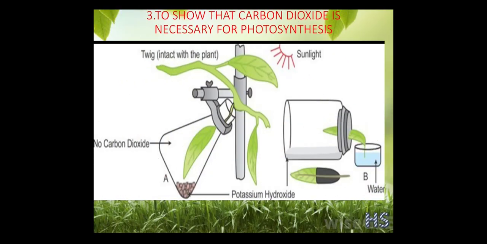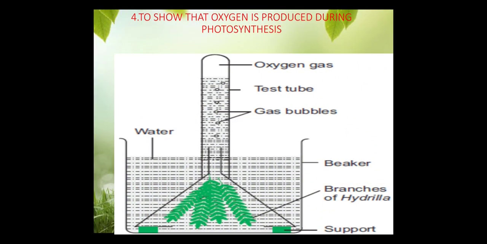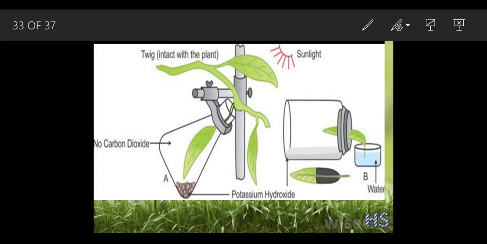Now we know that the plants take in carbon dioxide. Now that carbon dioxide is necessary for photosynthesis. See, there is a twig which is intact with the plant.